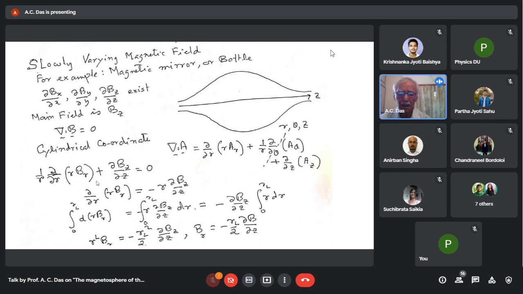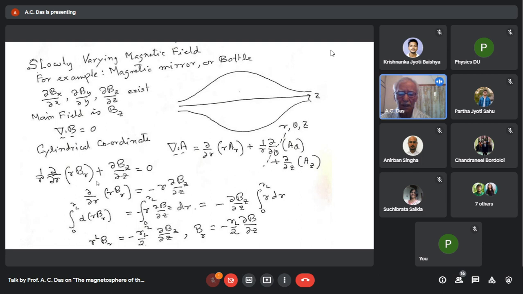So that is the r component of the magnetic field. We get the r component of the magnetic field in this case from Maxwell's equation, and it is expressed in terms of dBz by dz. Interesting. Now, if you know dBz by dz, you can find out Br.